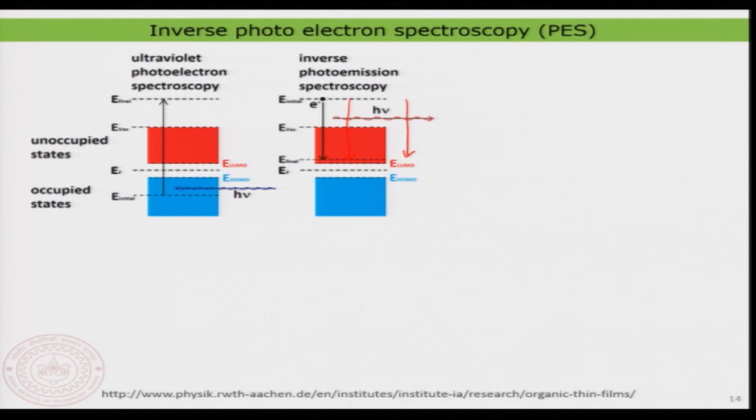So, you can inject electrons into the material and then look at the photoemission from the material, and that is known as inverse photoemission.